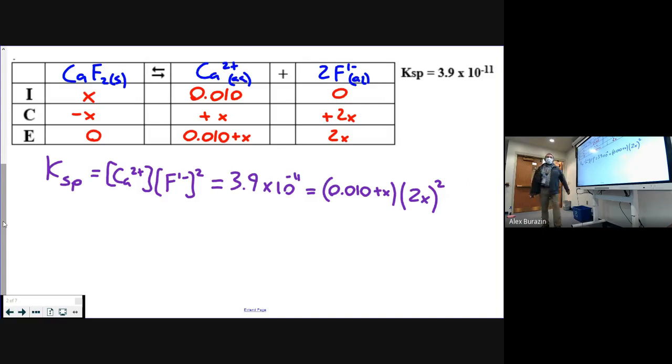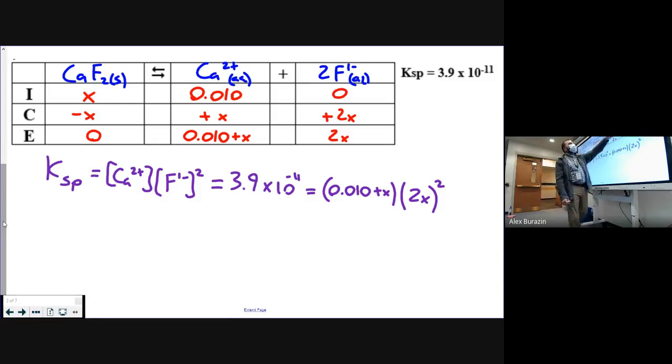We're going to assume that this, even when we add it on, doesn't really affect that number. This is effectively insignificant when added to that, because it's so stinking small. Now, why is x so tiny, right? Let me go back to where I came from. X is really tiny because it's the change. We're shifting to the right.